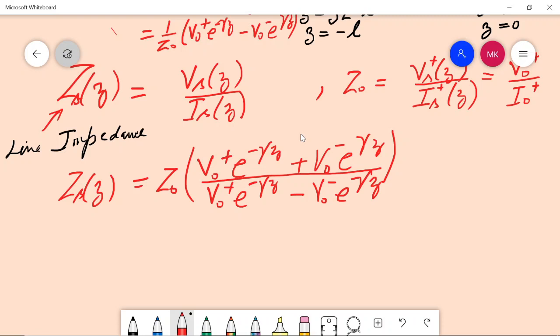So this is the expression for the line impedance.